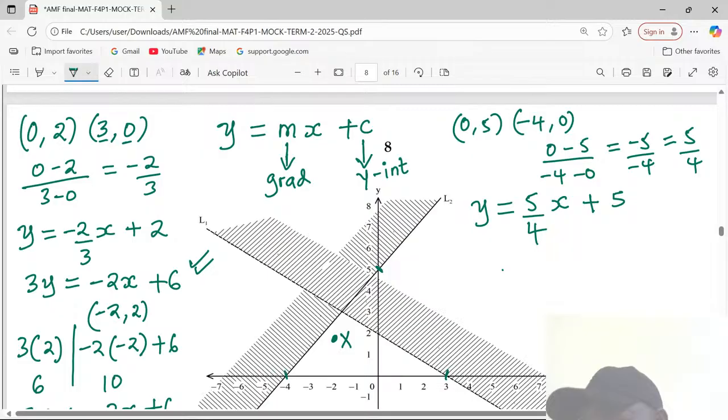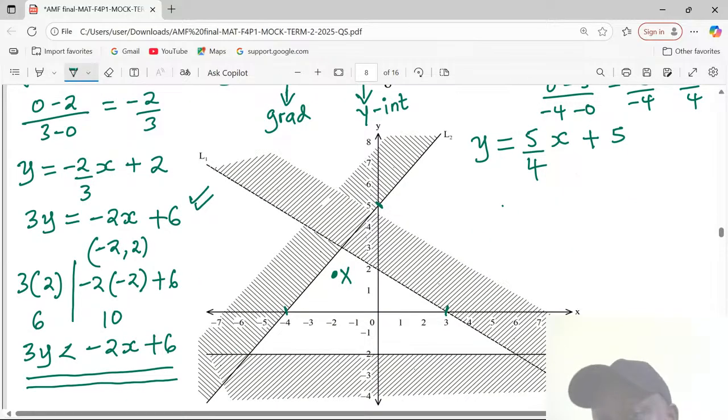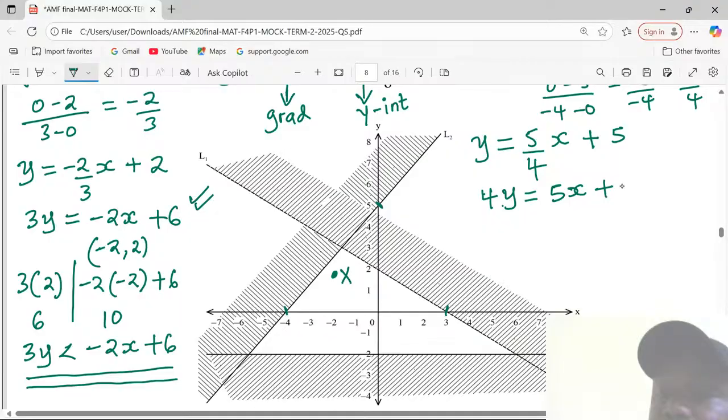For line 2, the line is cutting the y-axis at 5. So that's our y-intercept, and we have written our equation. Now we can do away with the fraction by multiplying by 4 through. So 4y equals 5x plus 20.